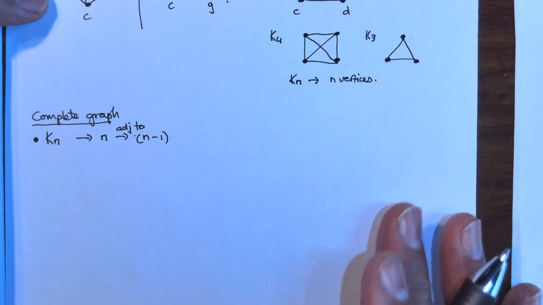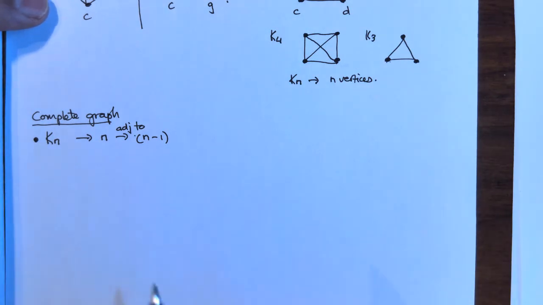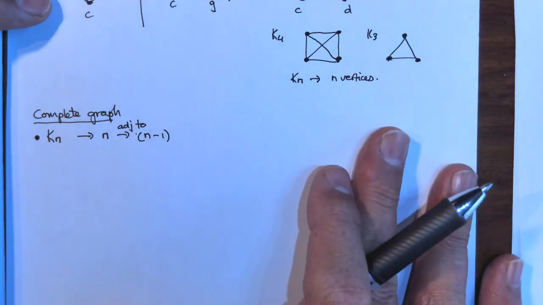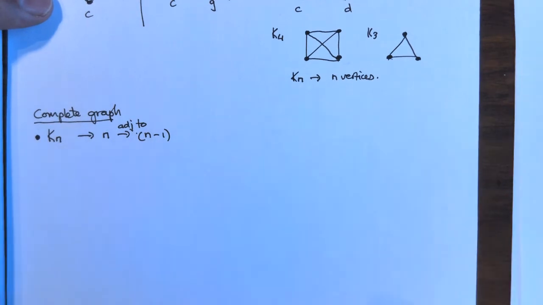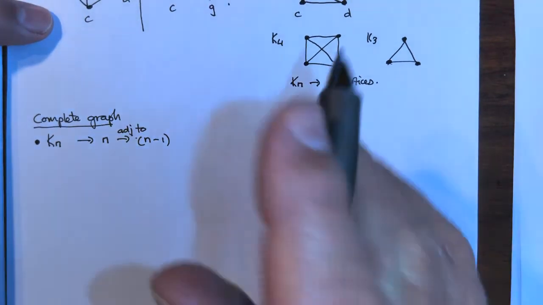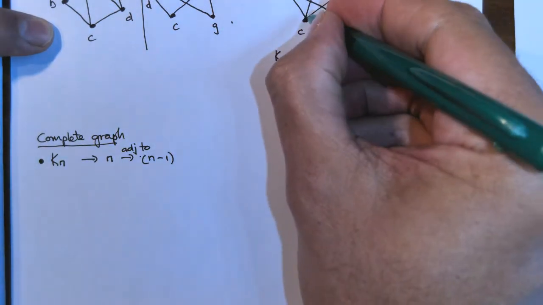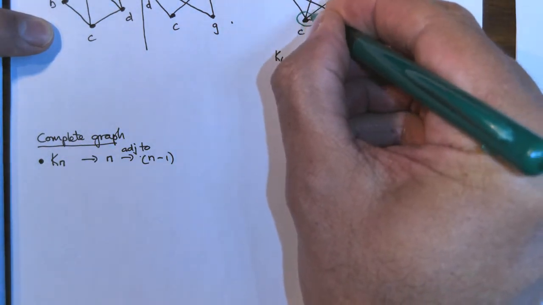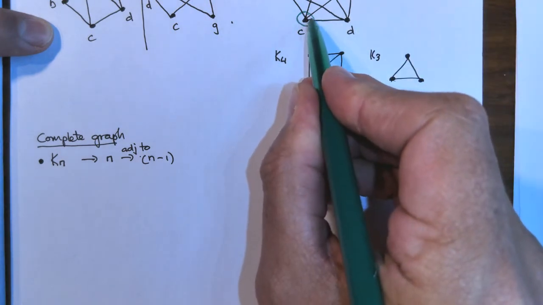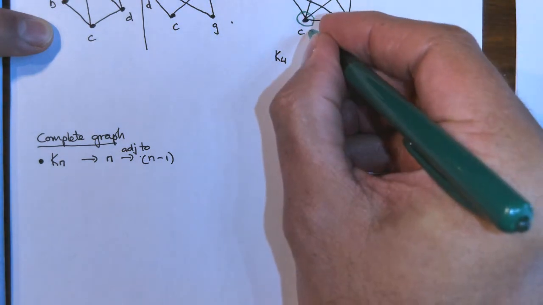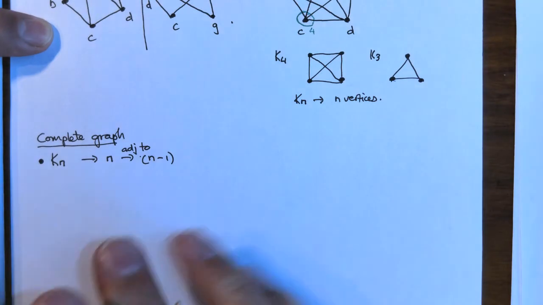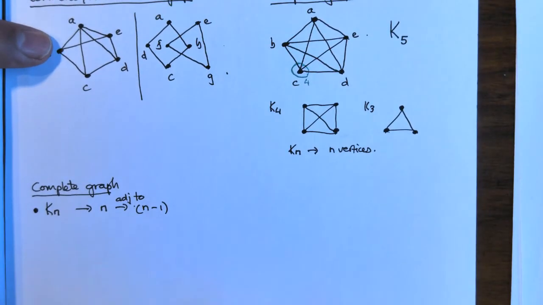We call the number of edges that emanate from a vertex the degree or the valence of the vertex. So if we look at this, let me use another color, let's use green. Vertex C will have 1, 2, 3, 4, has a degree of 4. We call it a degree or a valence.